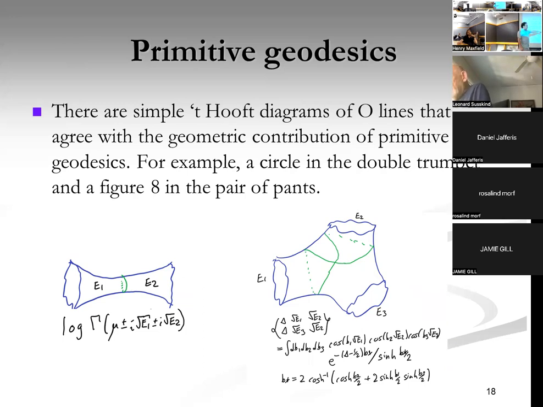Or in something more complicated, like this figure 8 in a pair of pants, now it's a function of 3 energies. You get the 6j symbol. And it turns out you can write this 6j symbol in a certain basis, where b is the length of this geodesic. And it turns out to be just a simple number, which is exactly the length of this geometry. So that's an example of how it works.